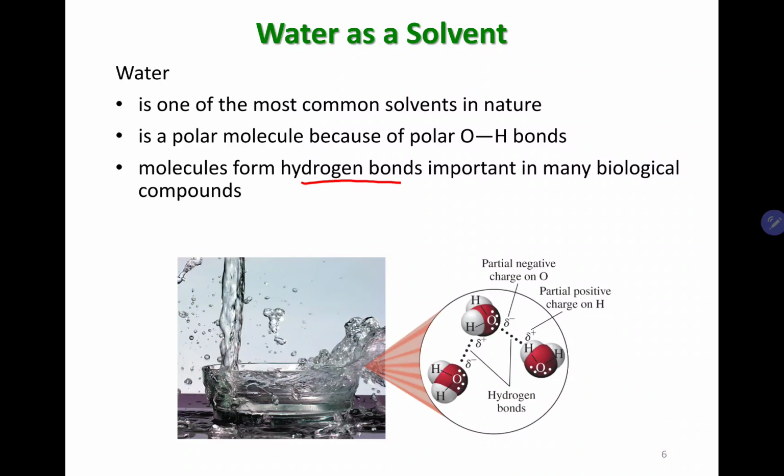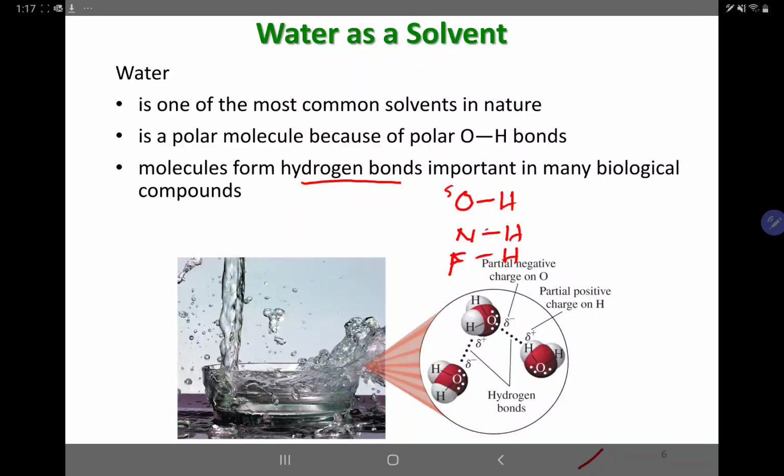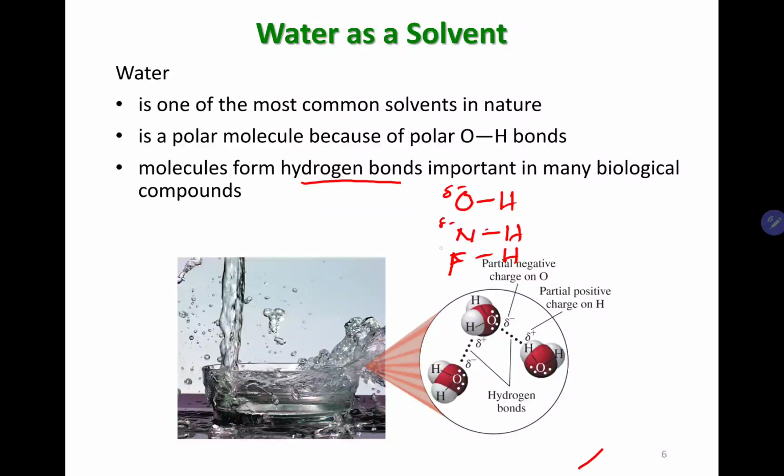If you remember, hydrogen bonds are basically permanent dipole interactions between OH, NH, or FH. These are the three most polar bonds that you could find. There will be a negative pole on the oxygen, nitrogen, or fluorine end, and the hydrogen will be partially positive.